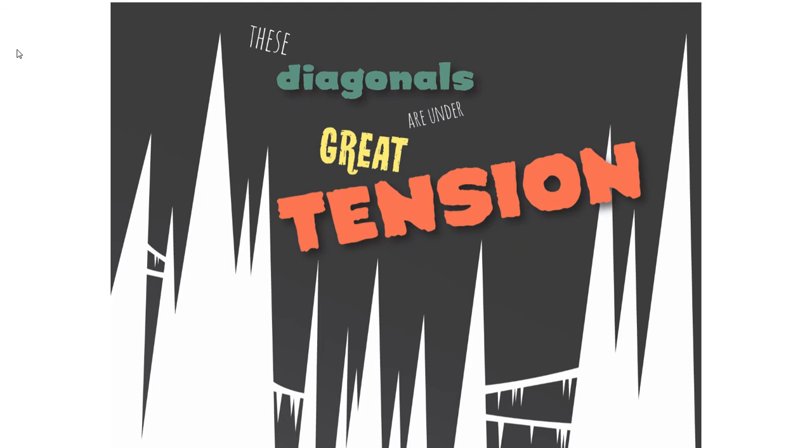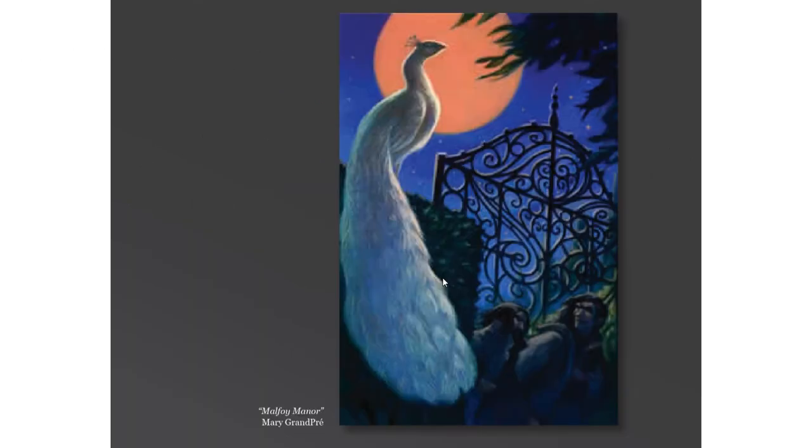All right, if we take away that horizontal bar and now we just have verticals and diagonals, the diagonals are suddenly under great tension. This one's a great example. It comes from Marie Grand Pré. That's probably one of at least a few Harry Potter pieces I'll have throughout this presentation. It gives a great amount of tension.